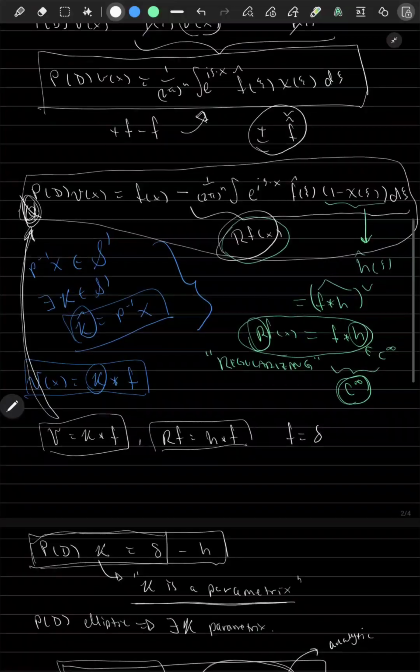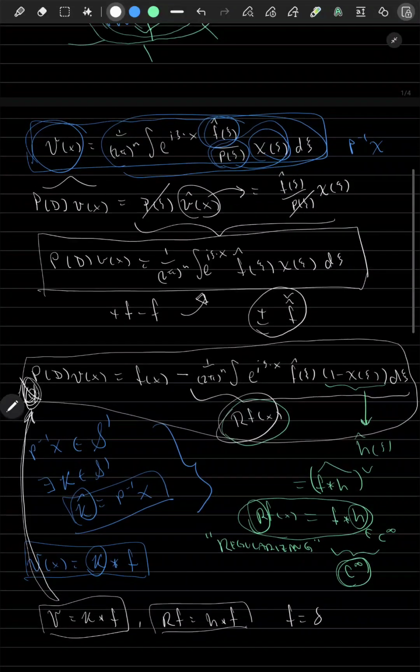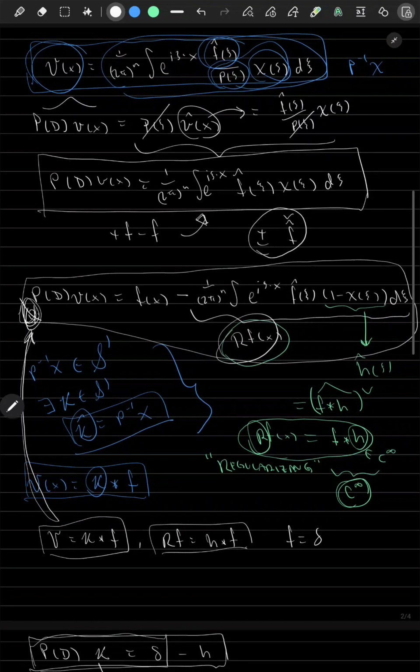And then we would arrive at, let's see here, which one of these equations do I want? Yeah, probably P_D, yeah.